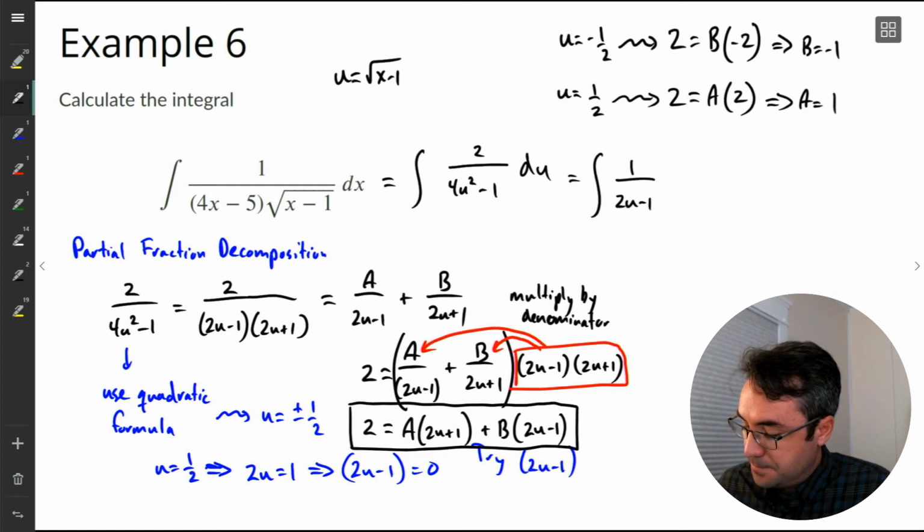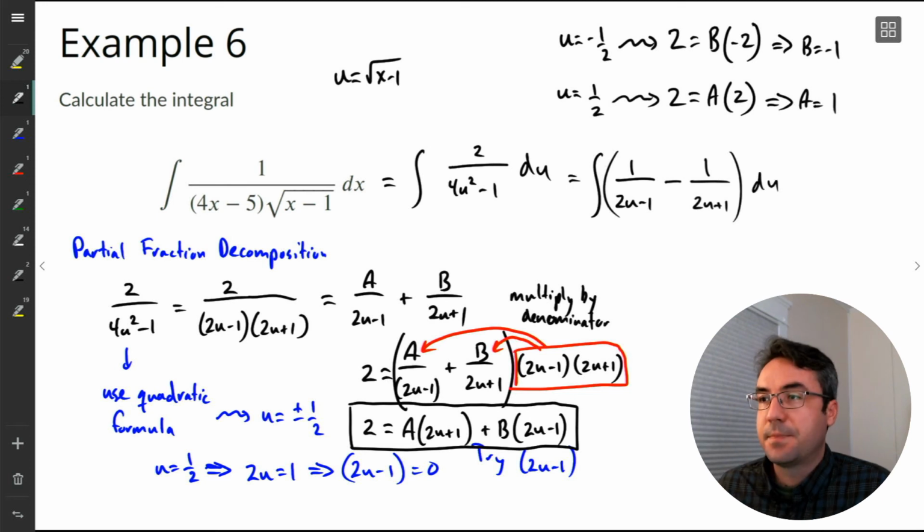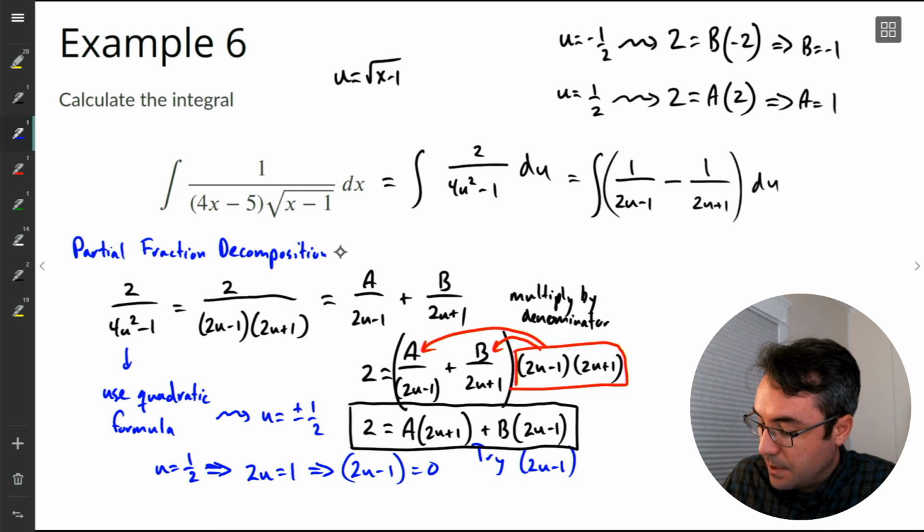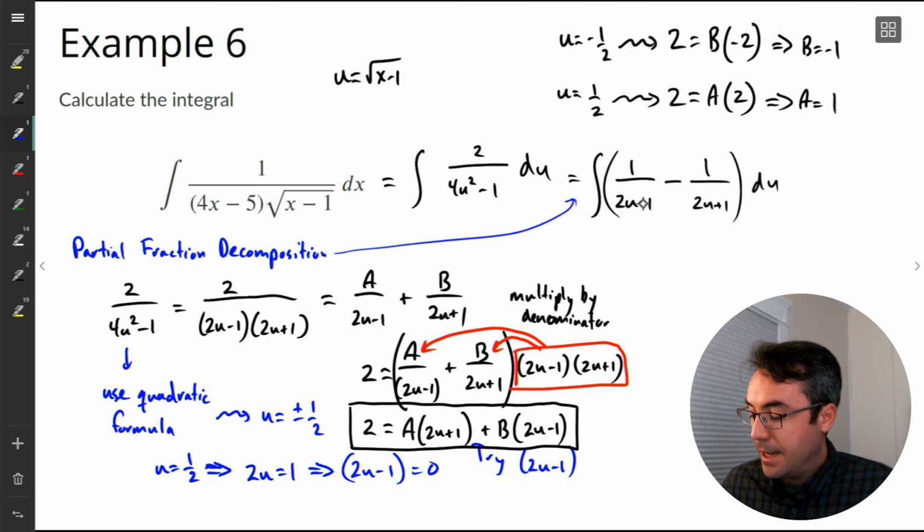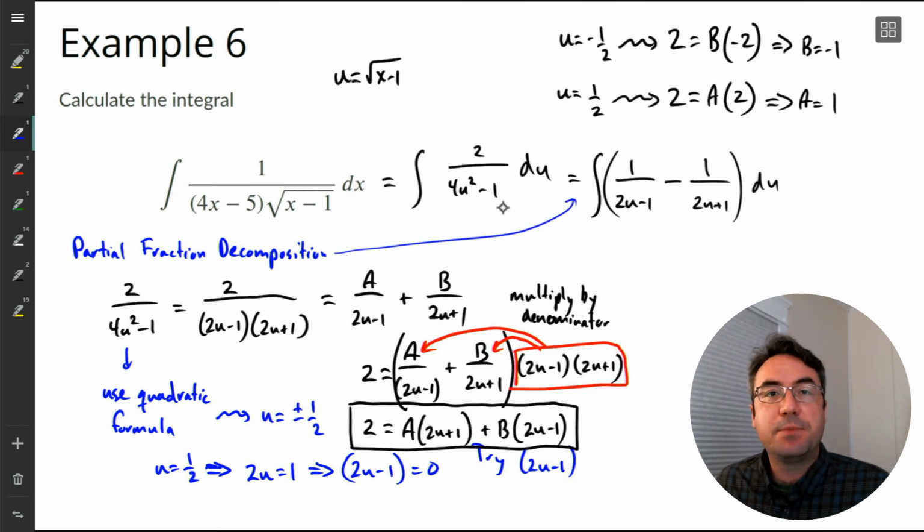And then our b value was negative 1, so I'm going to actually make that a subtraction, just to be a little easier. And so going through the partial fraction decomposition, that's what all of this work is. We've split up this rational function now into two separate fractions, 1 over 2u minus 1 and 1 over 2u plus 1. And now we can actually do the integral of those.